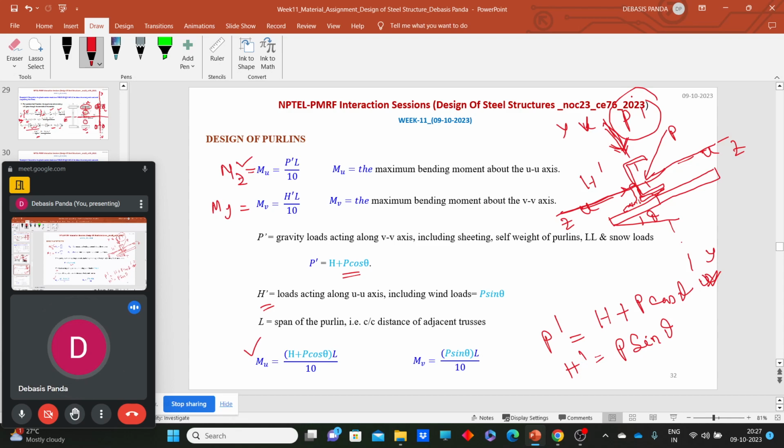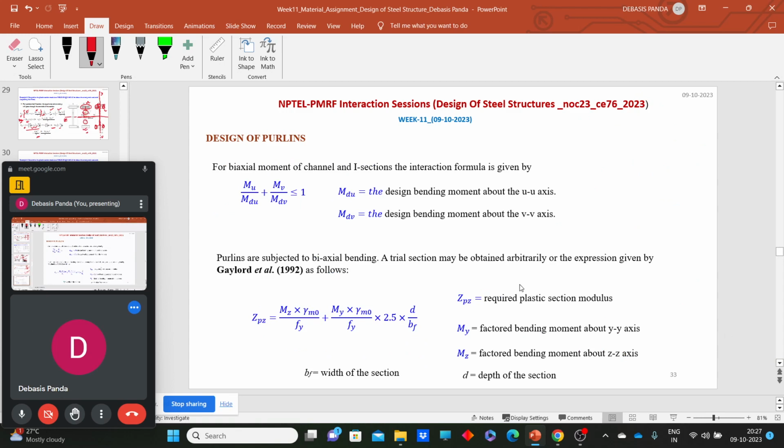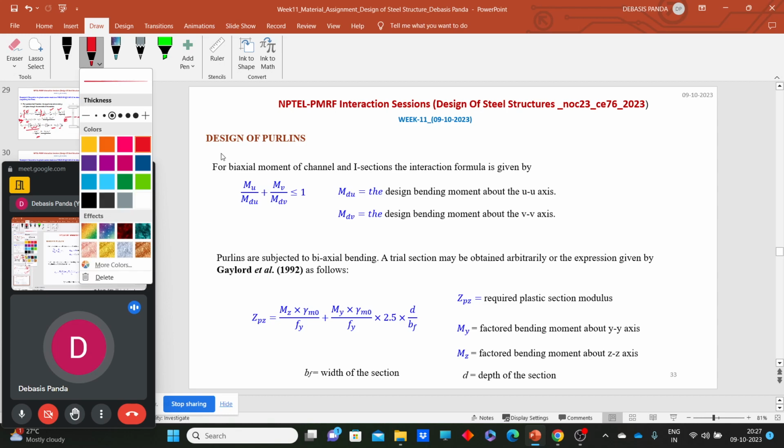Okay. Now, when we have the values of MV and MU, in the next step we need to check for the combined bending, because this is subjected to biaxial bending moment. So we need to check with respect to the interaction formula.